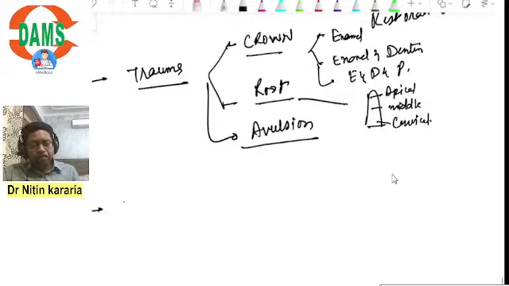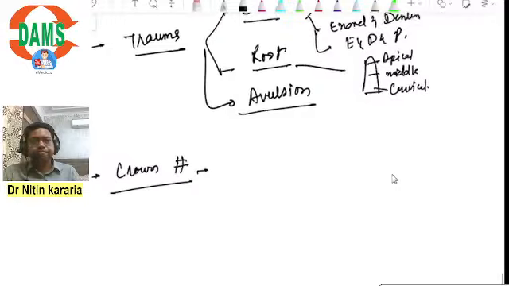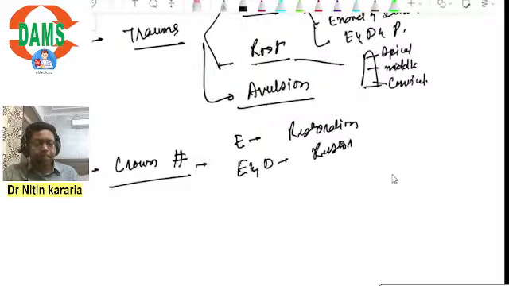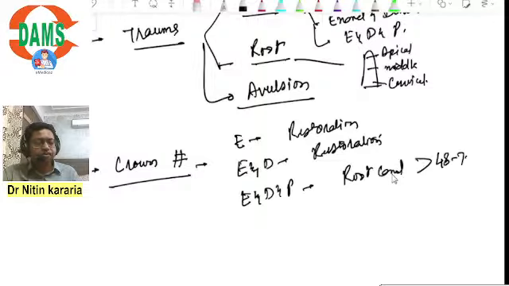So if we talk about the crown fracture first, then only of enamel requires simple restoration. Enamel and dentine also requires restoration. Whenever there is involvement of enamel, dentine and pulp, it requires root canal if the duration is greater than 48 to 72 hours.